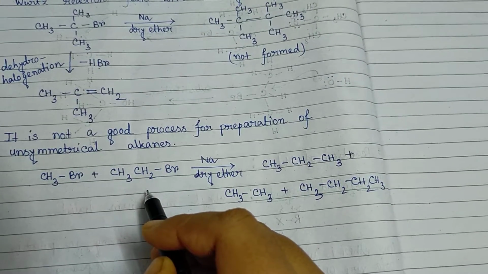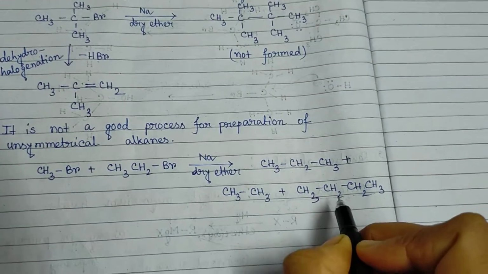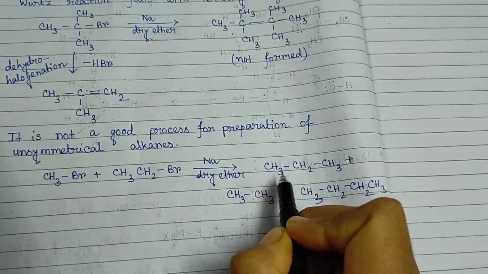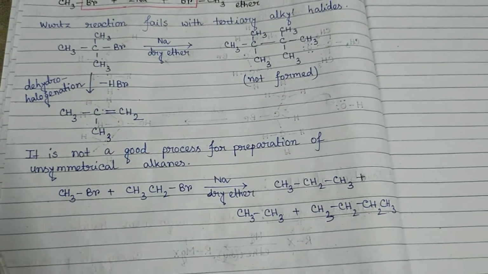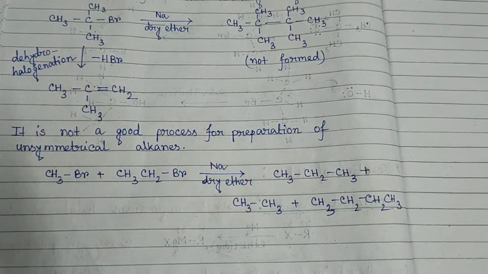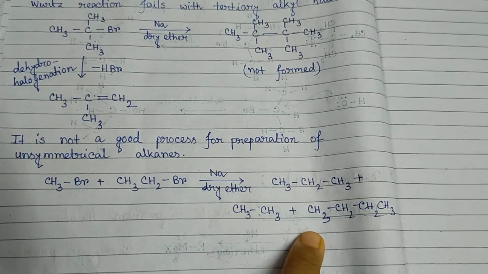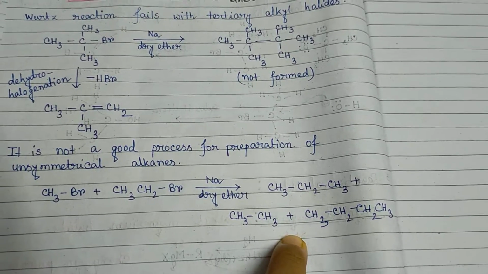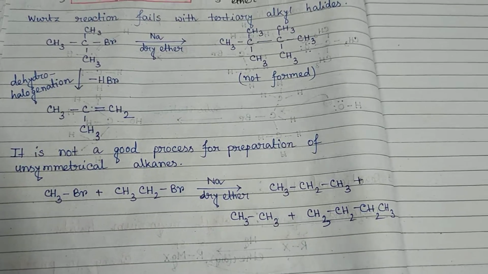Ethyl bromide will also react with another molecule of ethyl bromide, and this will give butane, and also they both will react with each other and give our targeted product, propane. So there will be a mixture of products, and a mixture of hydrocarbons is not easy to separate. So this reaction is not a very good reaction for the preparation of unsymmetrical alkanes.